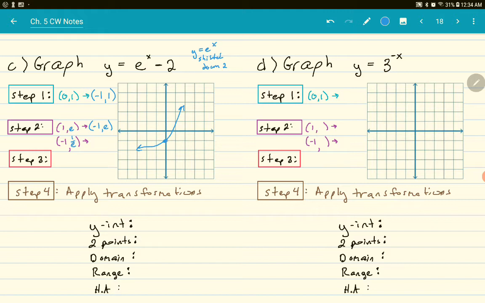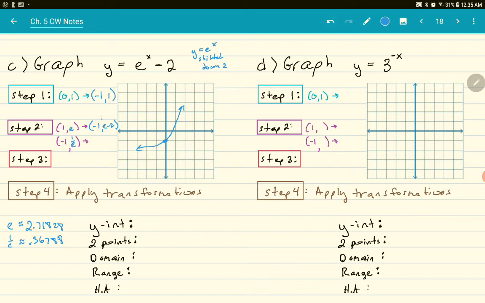And remember, our e is about 2.71828. And our 1 over e was about 0.36788. So 2.718 shifting down 2 is now going to be at about, I should have done e minus 2.